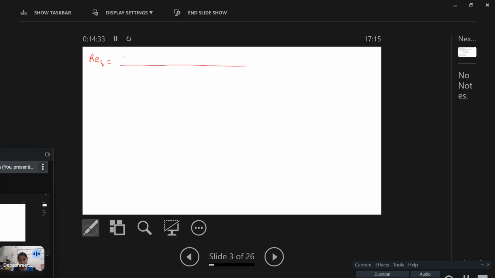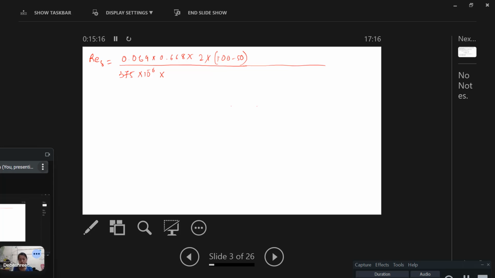I'm directly writing the values: 0.069 into kL, which is 0.668, into L, L is 2 meter, it's given, into Tsat minus Tw, that is 100 minus 50, whole divided by mu L. Mu L is given as 375 into 10 to the power minus 6 newton second per meter square, into hfg.